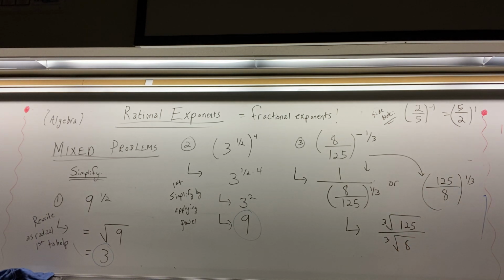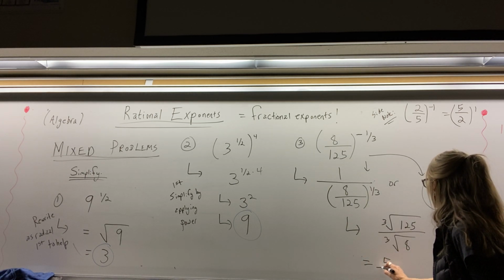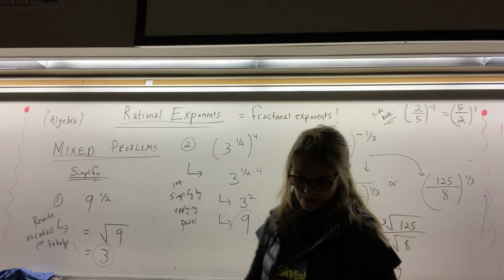And simplifying this is nice because all the numbers come out nicely. And this becomes 5 over 2. Okay, so you can verify that. Just 5 over 2 times 5 over 2 times 5 over 2 give you this. And it will. Okay, so that's a start of our problem.